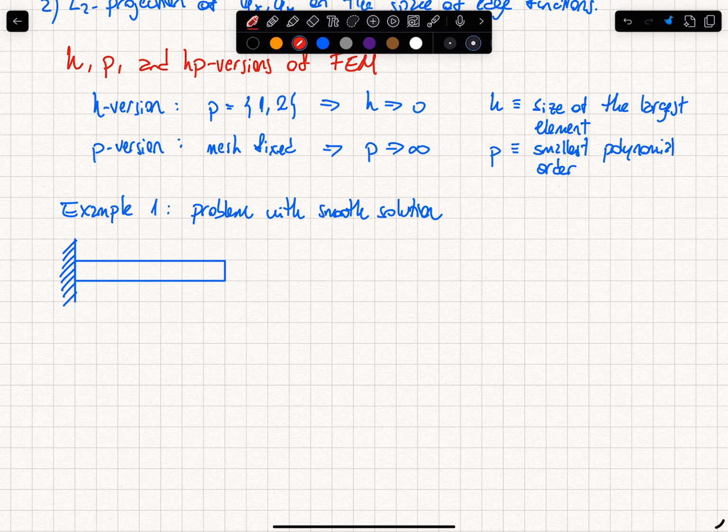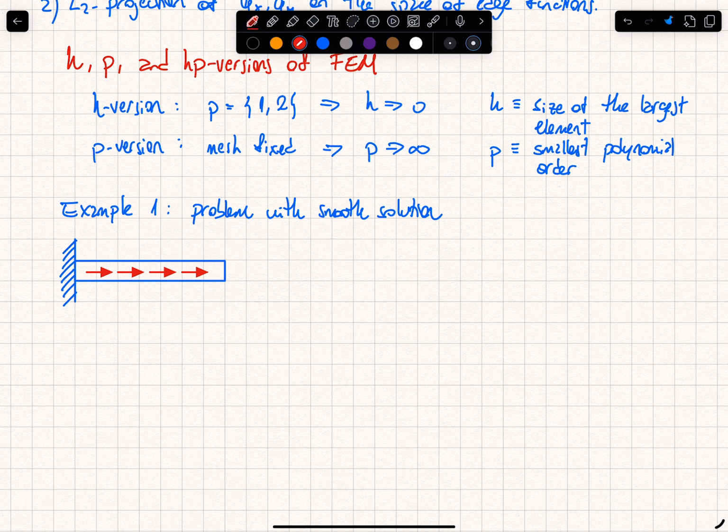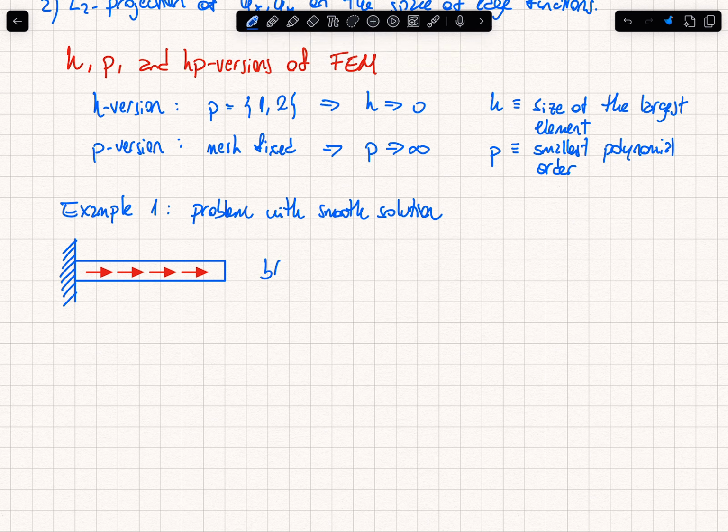And then we are going to have some sort of load, like, remember, this is the load per unit length. And it's basically b of x is equal to a trigonometric function, so minus sine of 8x.